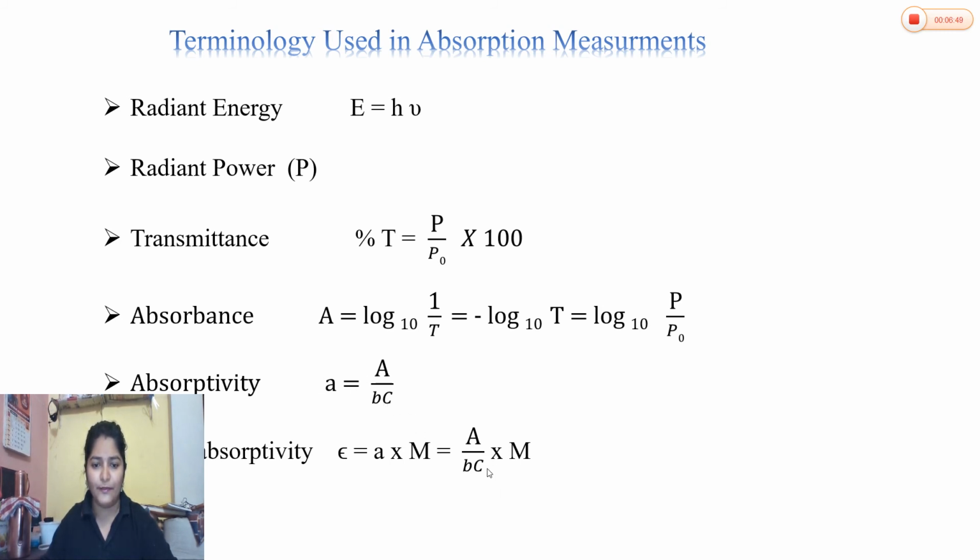This value is put in here, A upon bc multiplied by M. Then the next terminology is the path length b, which is always measured in centimeters, and it represents the thickness of the medium. So these are the important terminologies of spectrophotometry.